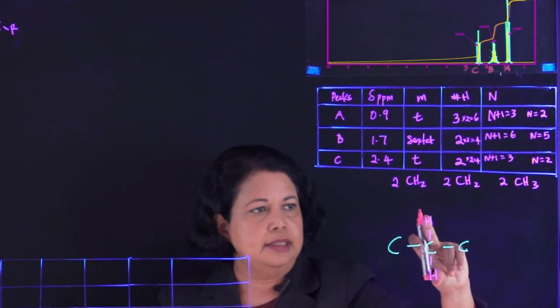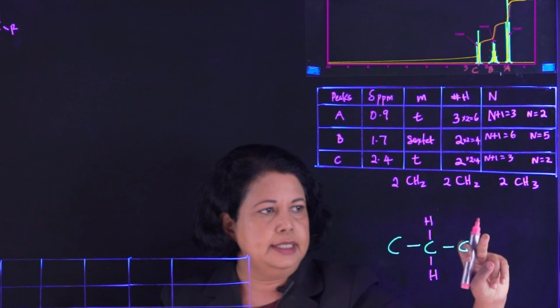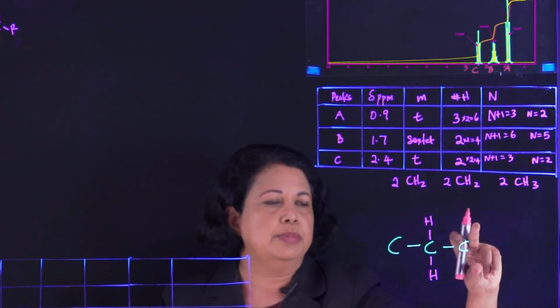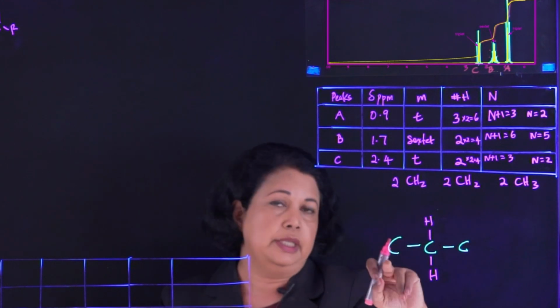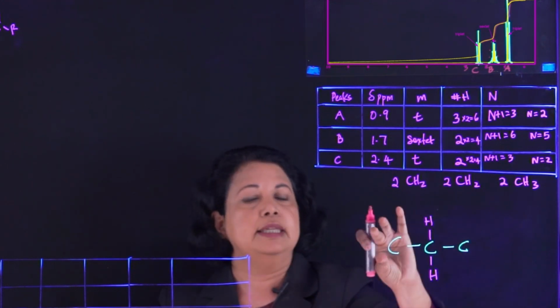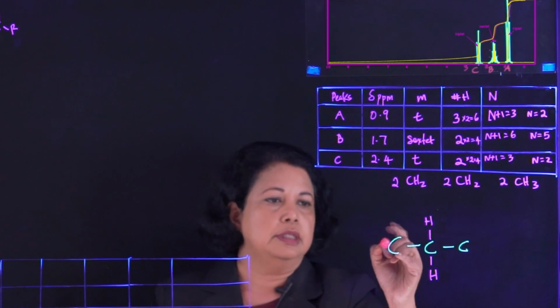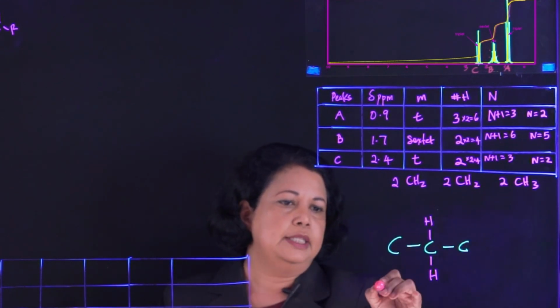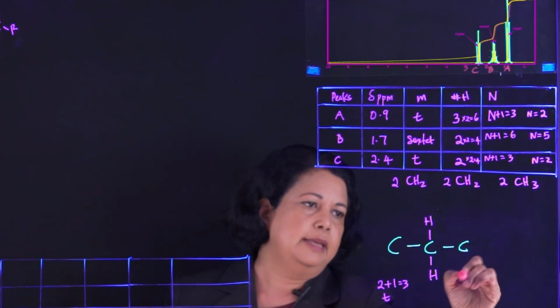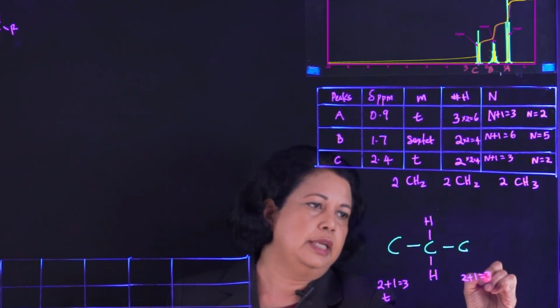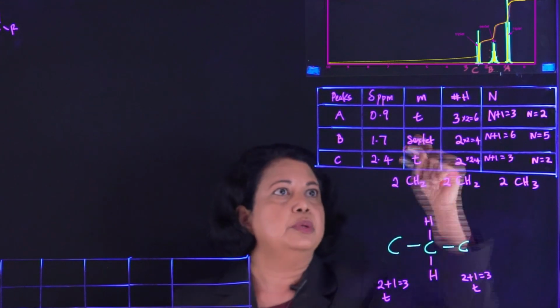So these are going to split this however many hydrogens into a triplet, and these will split these however many, 1, 2 or 3, doesn't really matter. It would split this into a triplet. So this is going to be split by this 2 plus 1, 3 triplet, and same here, 2 plus 1, 3 triplet.